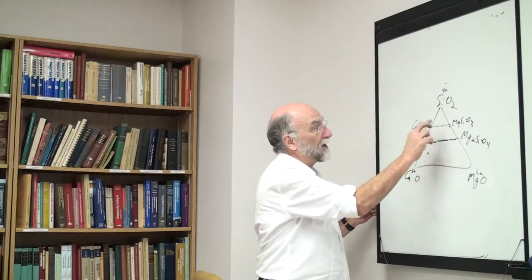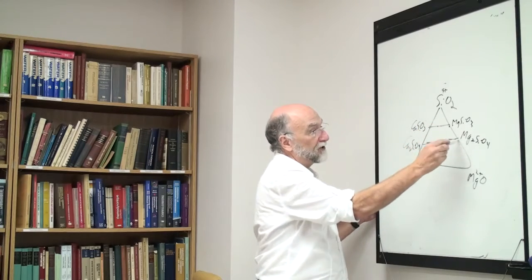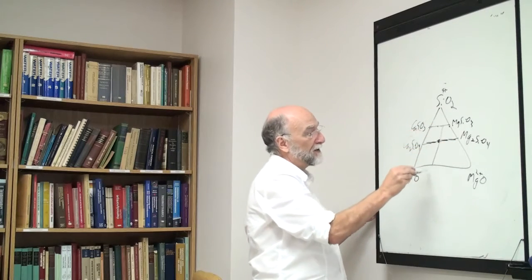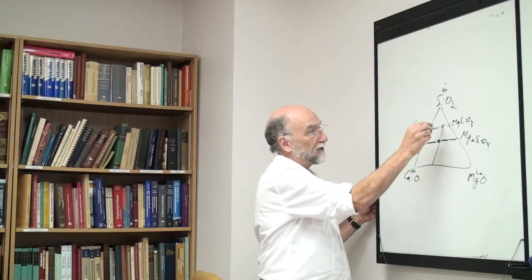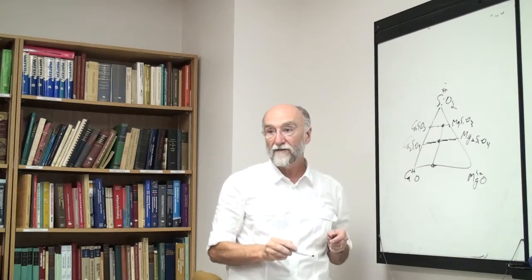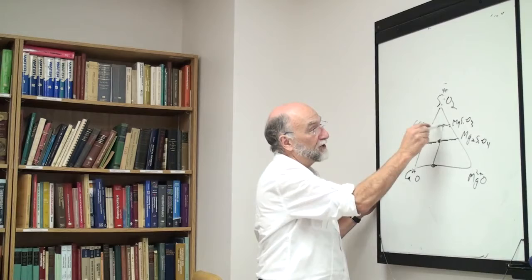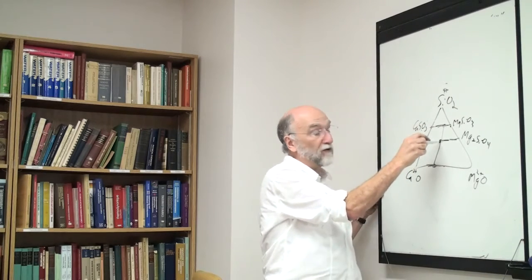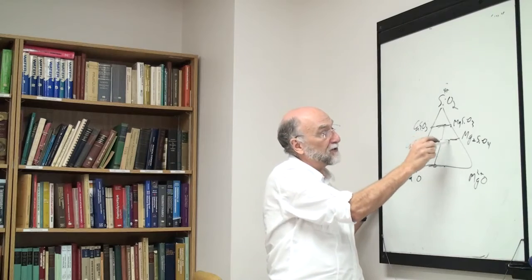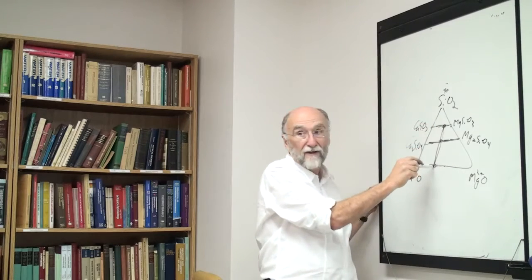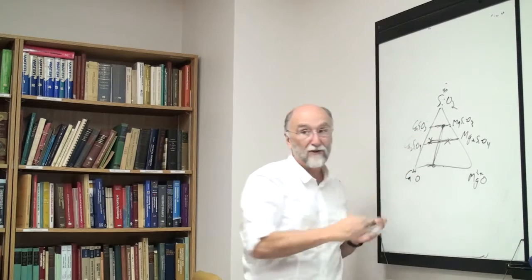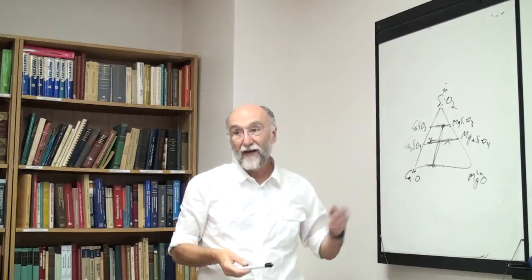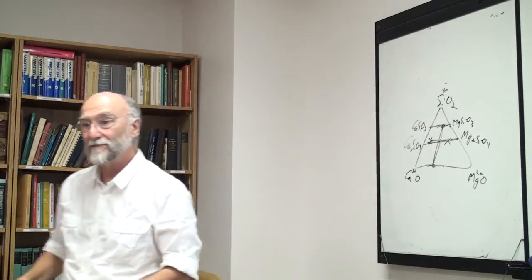But it's perfectly possible that you can have an overall composition on this orthosilicate join, but what you really have is a metasilicate in equilibrium with a monoxide phase. You could have a solid solution here in equilibrium with this solid solution, just such that the overall composition is here. So the overall composition's here, but the two phases are here. Or you could have two orthosilicates. So that then becomes experimental.